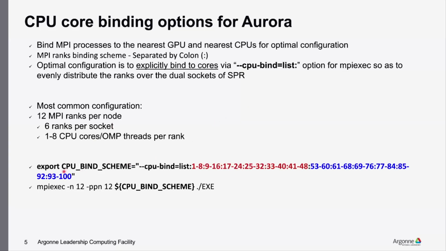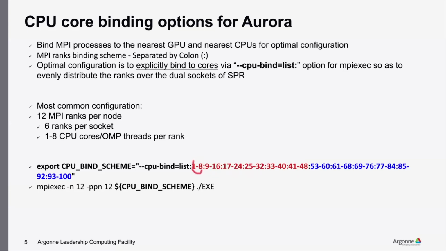Here we export this environment variable, CPU bind scheme, where we set the command line argument cpu-bind equals list, and then we explicitly tell it which cores we want to bind to. You can give it a range, or single cores, comma separated.